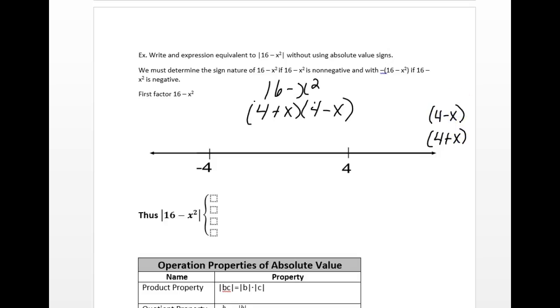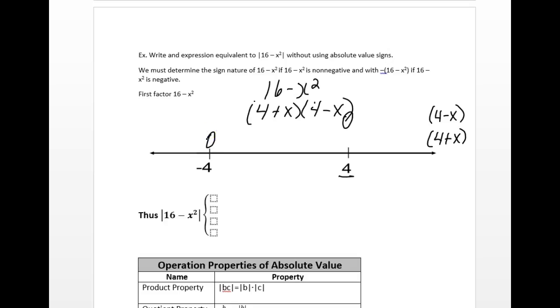Okay, so our zeros are when 4 minus x is zero, which is when x is 4, and negative 4 makes the 4 plus x factor zero.